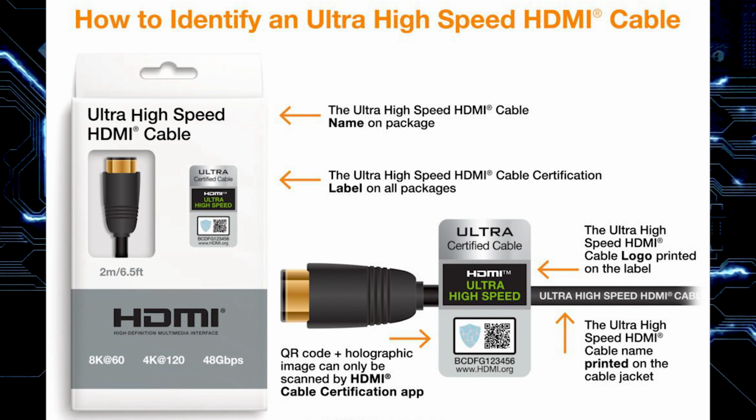At that point, you need to make sure that the HDMI cable that you're going to get is an HDMI certified cable. And this is how you can find out if it's a legit HDMI certified cable. Any HDMI cable that you buy that is HDMI 2.1 compatible, that is certified, is going to have this sticker. It's going to have a QR code that you can scan to make sure that it's legit.